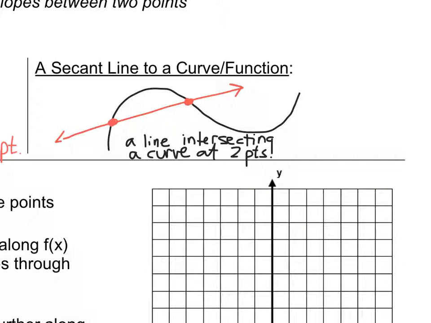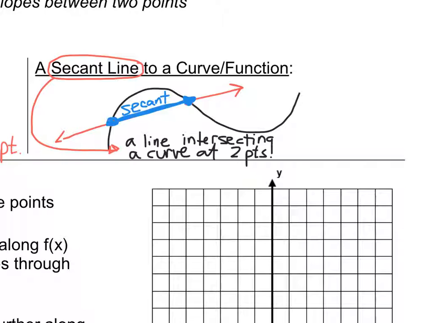Now we define a secant as just being the line segment connecting those 2 points. So that's the shift. So the secant line would be a line that intersects a curve at 2 points. But the secant itself, when we say something is a secant, it is a line segment connecting those 2 points. All right, so a secant line is just the extension of the secant.